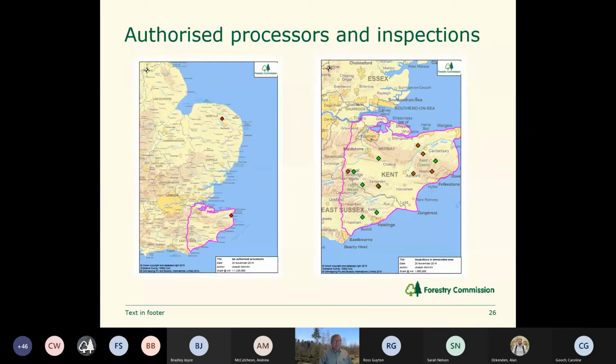The map on the left here shows the two current authorized processors. There are a couple of others we're talking about, but principally this is the power station in Sandwich, which takes in roundwood of virtually any size or shape, and Thompson's sawmill up here, which is particularly keen on conifer log material.